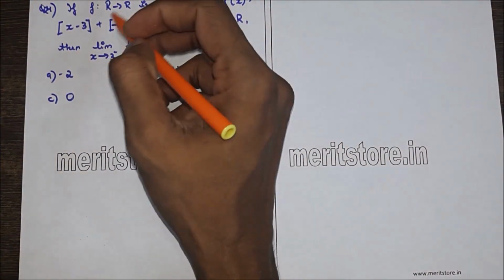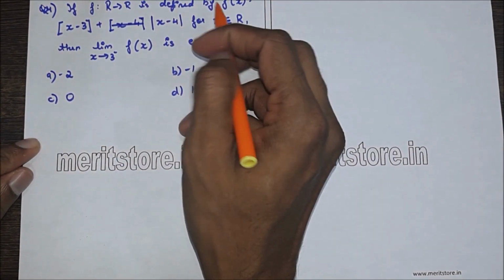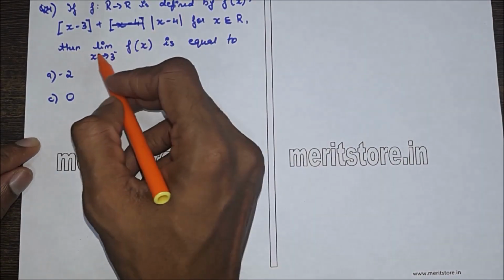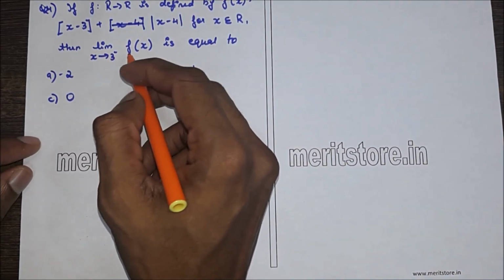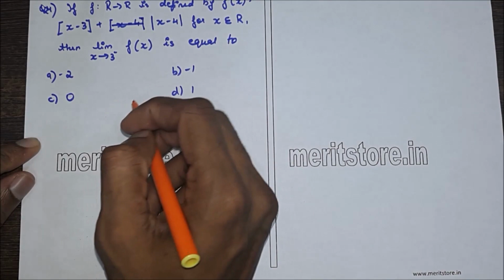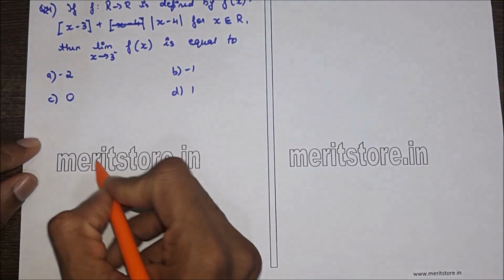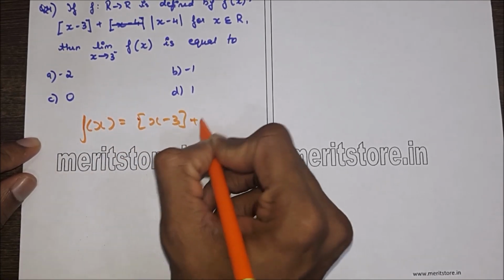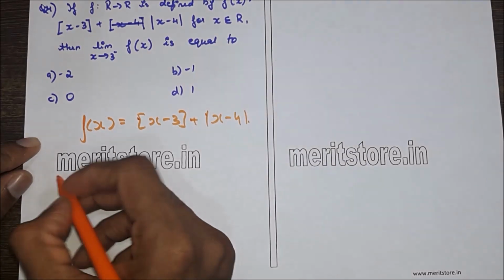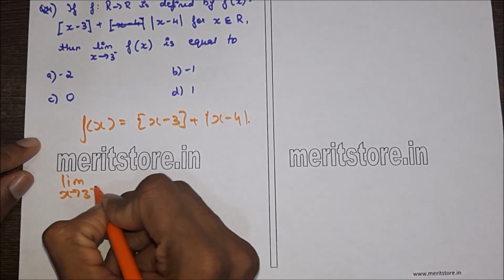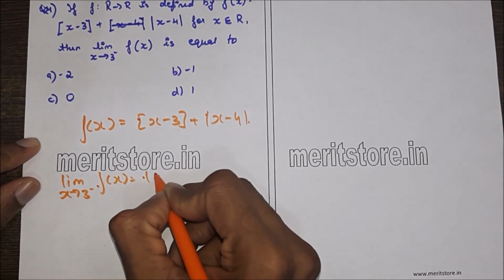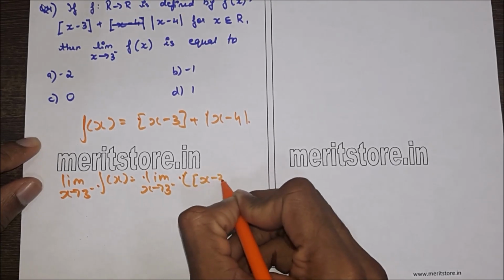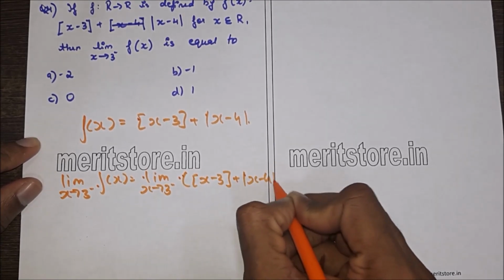Question 24. If f from R to R is defined by f of x equal to x minus 3 plus mod of x minus 4 for x belongs to R, the limit as x approaches 3 from the left hand side of f of x is equal to, we're given 4 options. Given that f of x is equal to x minus 3 plus mod of x minus 4, the limit as x approaches 3 from the left hand side of f of x equals the limit as x approaches 3 of x minus 3 plus mod of x minus 4.